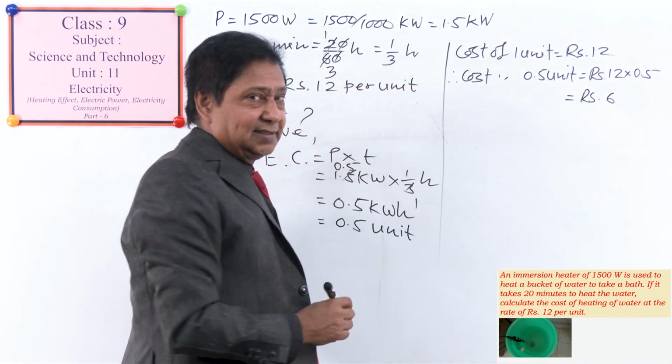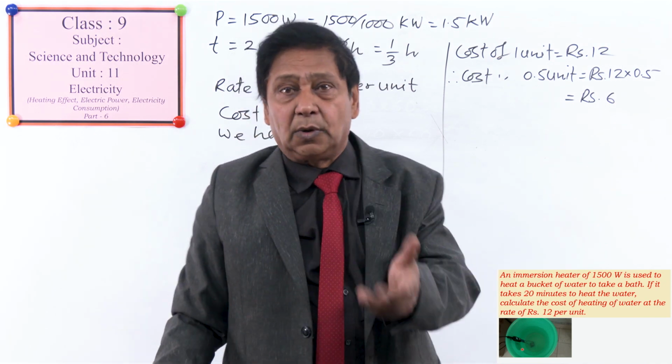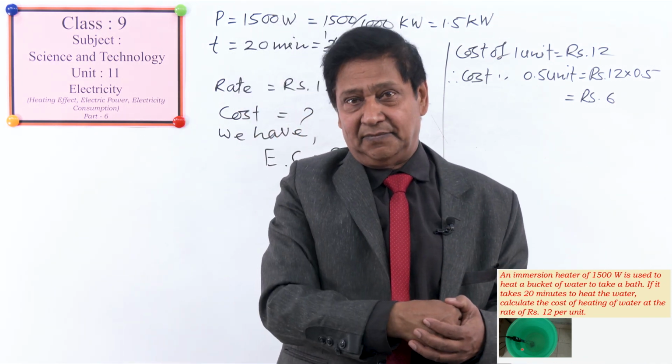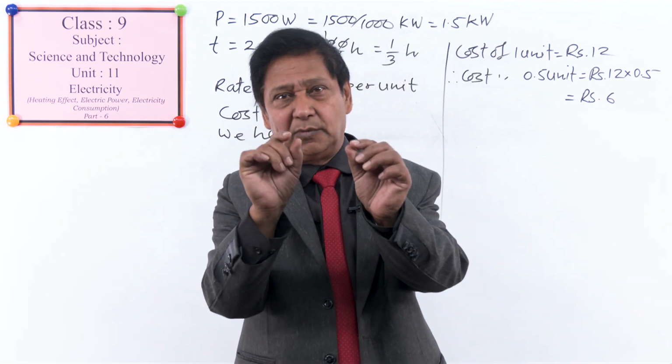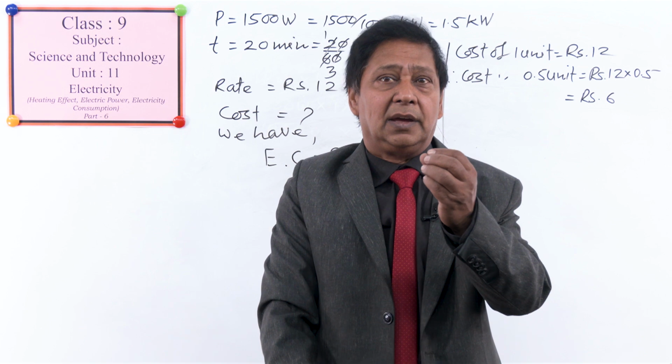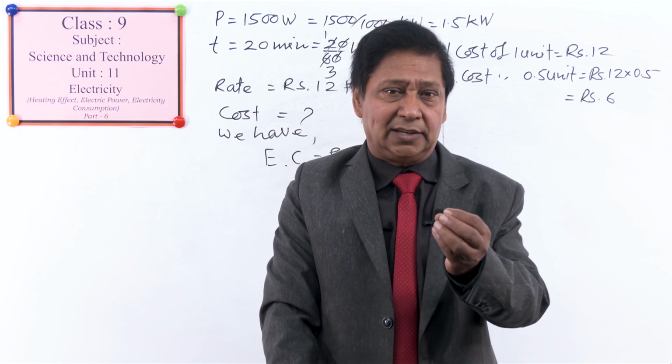Look at this answer. A bucket of water is heated and the cost of heating is 6 rupees. Okay, this is a small numerical problem. Just one device is used. Now I want to go through a big numerical problem.